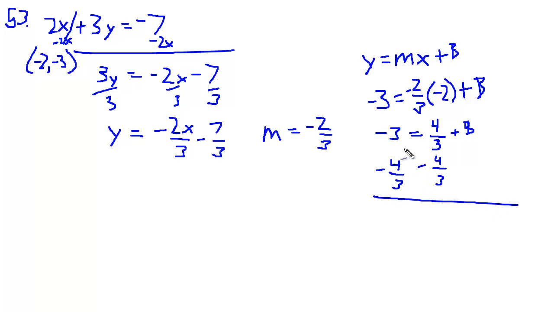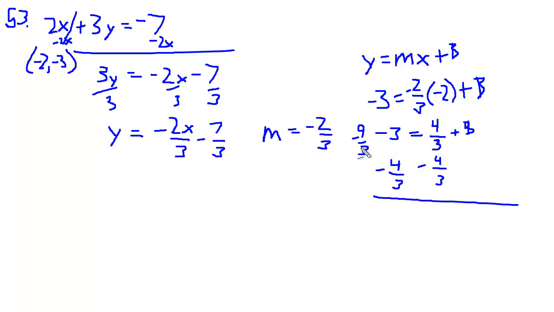Now you can't subtract negative 3 and 4/3 from each other because they have different denominators. This is a denominator of 1 and this is a denominator of 3. So what we're going to do is change the negative 3 into something with a common denominator of 3. So that would be negative 9/3. Getting common denominators is pretty straightforward. You just look to see what number I would have to multiply this numerator and denominator by to get this denominator down here.